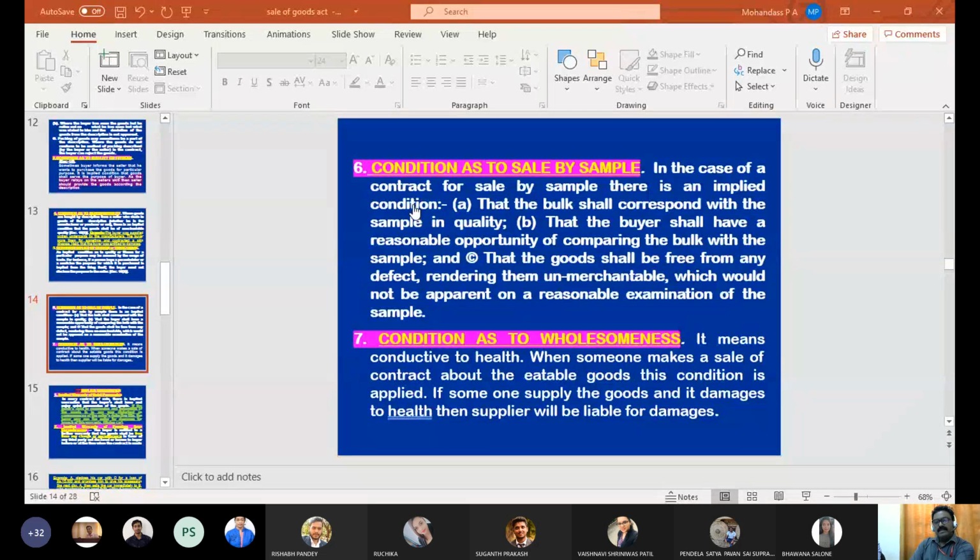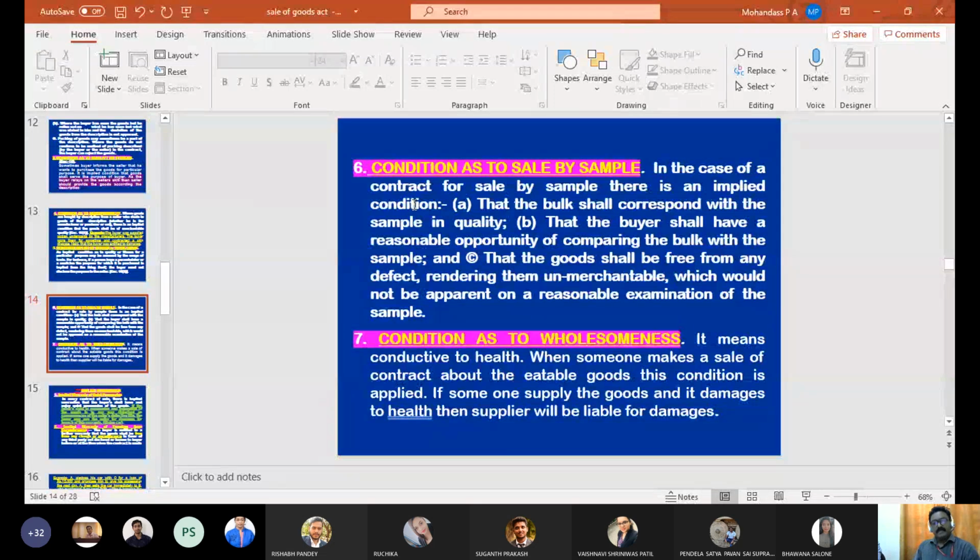But unfortunately, when it came to her and she opened it, it is stinking. This is a very old product. That means the ordered item is not wholesome, it is not fit for human usage. So it is a violation of implied condition as to wholesomeness.